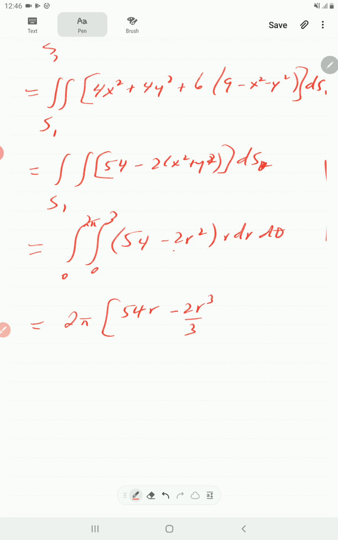If we evaluate this, it gives us 405 pi. So that's the flux through the first surface.